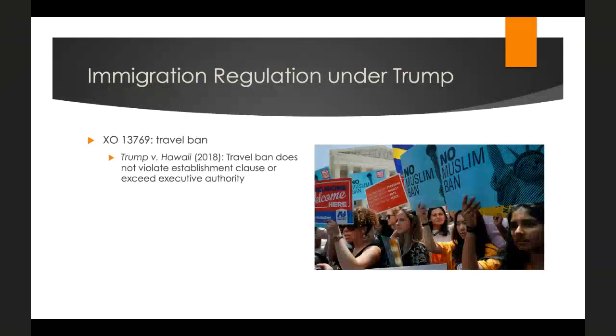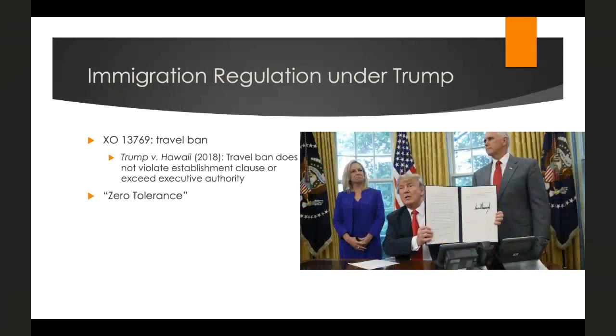Additionally, there was the zero tolerance policy of the Trump administration, which called for the immediate deportation of individuals for illegal entry prior to their having an immigration status hearing.